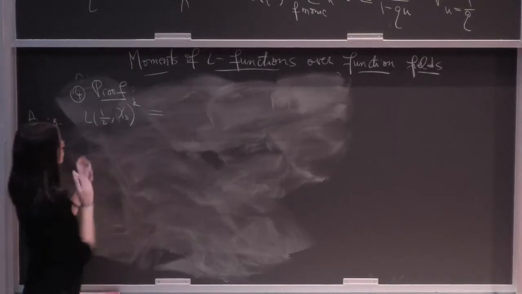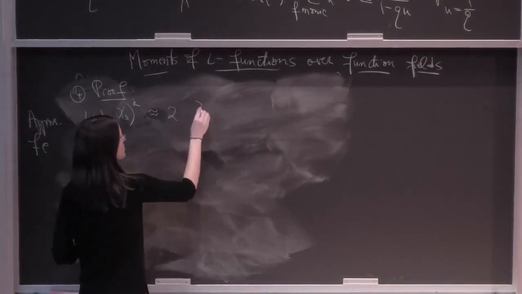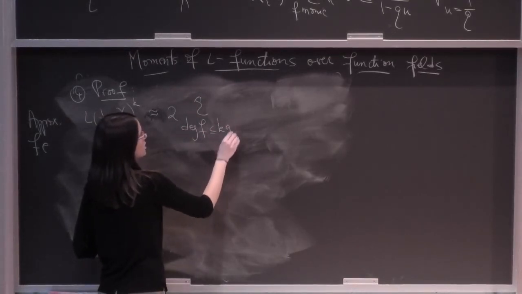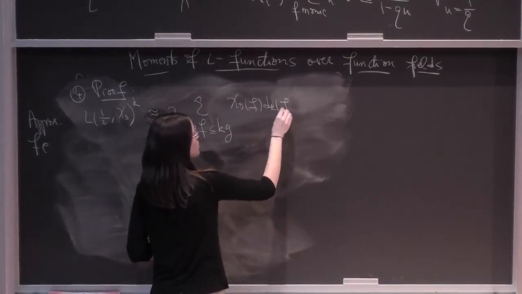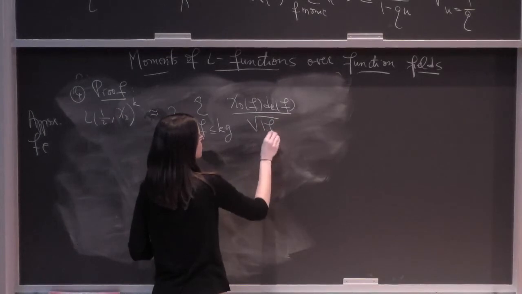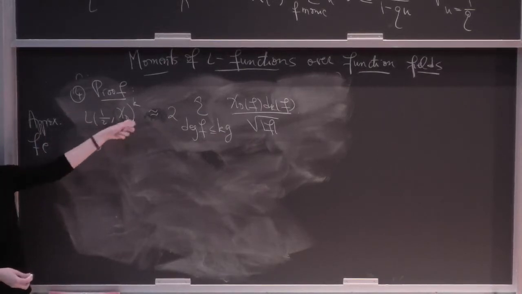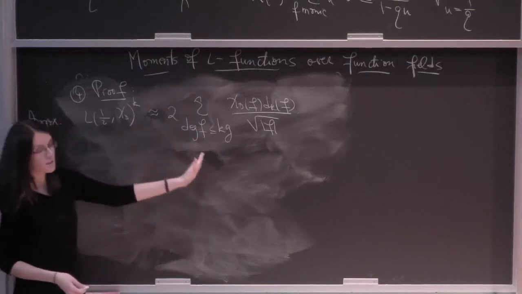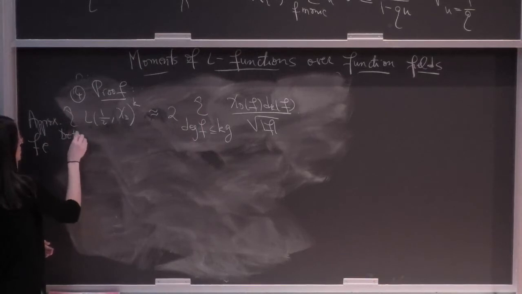This allows me to write the kth power of L(1/2, chi_d) as roughly twice the sum over polynomials f of degree up to kg, of chi_d(f) d_k(f) over the square root of the norm of f. If I didn't use the approximate functional equation, since the L-function is a polynomial of degree 2g, over here I would go up to 2kg. So this allows us to make the summation shorter. And I'm summing over square-free polynomials.